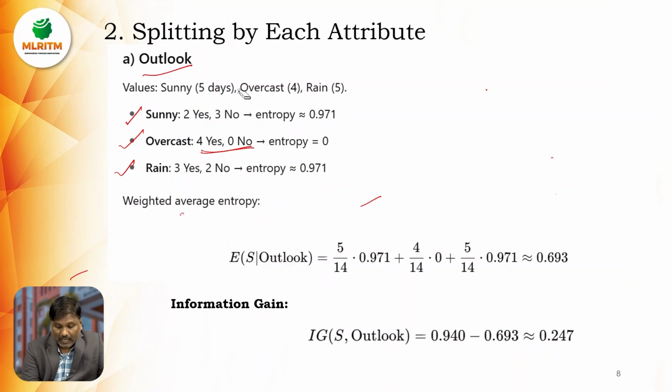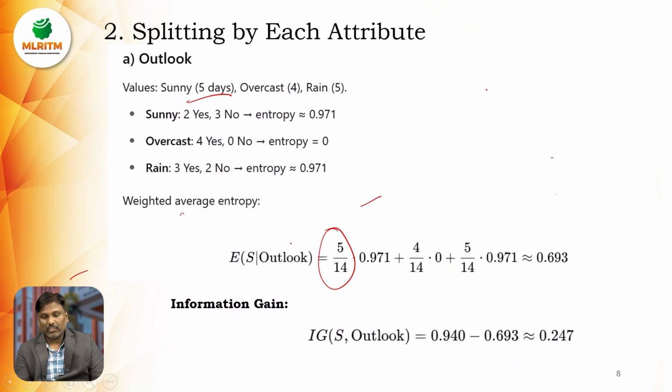How many sunnies do I have? Out of 14, 5 are sunny. So 5 by 14 into its entropy value. Second one is overcast. How many overcast? 4. So 4 by 14 into entropy value 0. And next the rain condition, 5 by 14 into its entropy. So this is the procedure to measure the average entropy.